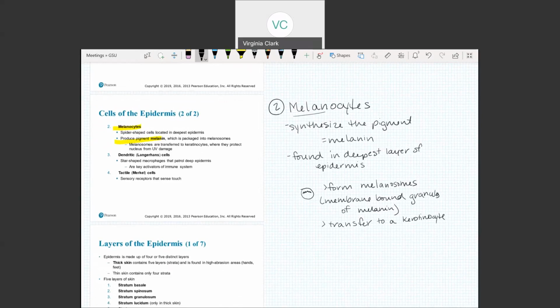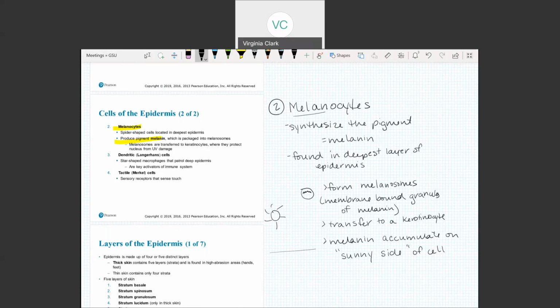What's really cool about this is the melanin that is now in your keratinocyte will accumulate on one side of the cell. It will accumulate on what is called the sunny side of the cell. Basically what that means, remember this is our outside layer, so here's our skin, here is our sun.